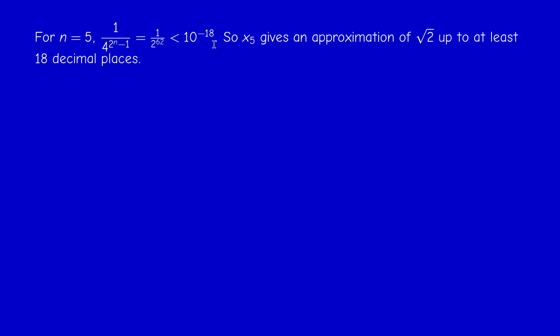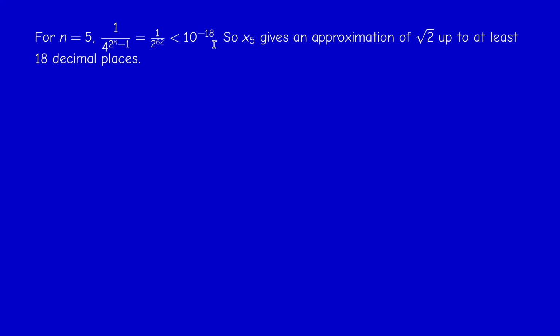Okay, but in practice, when we do the computations, first of all, any computer actually has a fixed number of decimals, so you cannot have infinite accuracy. So there are errors that accumulate at each step, at each computation that we do. We lose precision. So in theory, x5 should be an excellent approximation of radical 2.